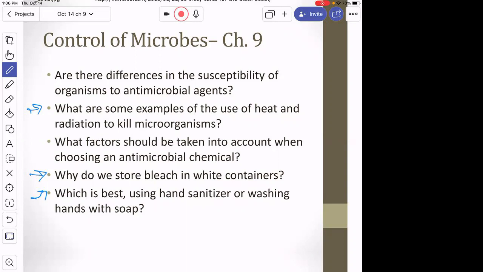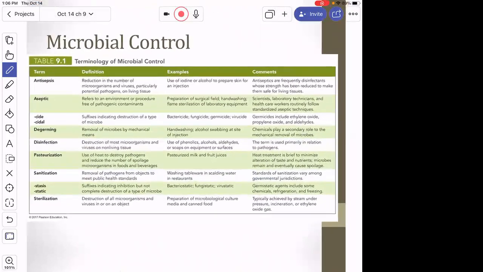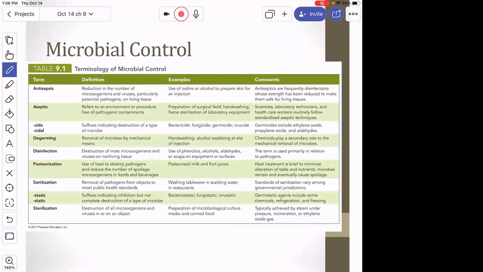Although you might not have paid attention to them your whole life, you should be able to draw connections to your life, because right now everybody's thinking about how can we stay germ free. So very applicable topic.